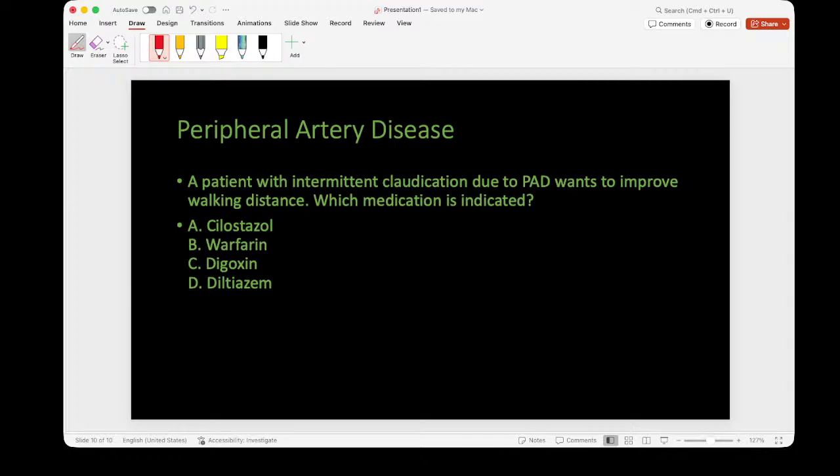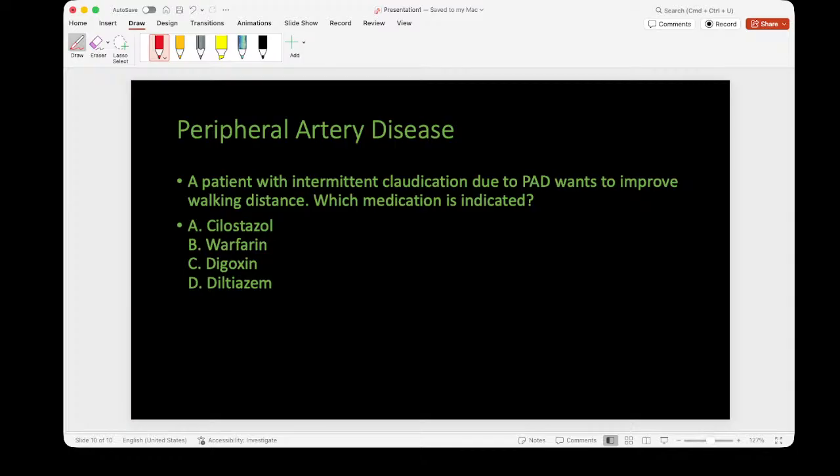So diltiazem has nothing to do with it. Diltiazem is essentially just a calcium channel blocker and has definitely nothing to do with intermittent claudication at all. So that is definitely not going to be your answer. Neither is digoxin, because digoxin is only going to help with heart arrhythmias. So you might be left with two choices, cilostazol or warfarin.